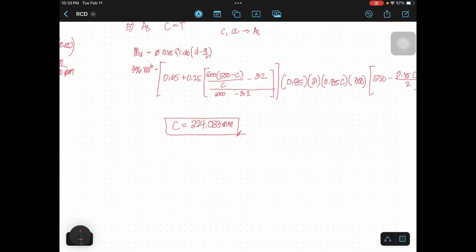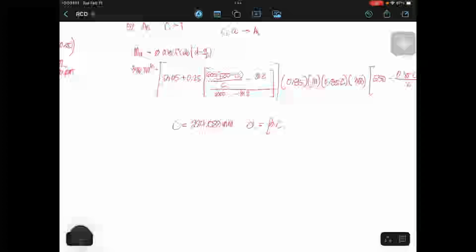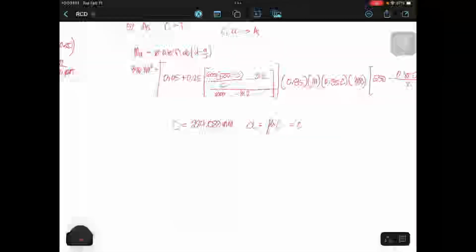Next, substitute. A is beta 1 C, or that is 0.85 times our C of 224.083. Our A is 190.471.